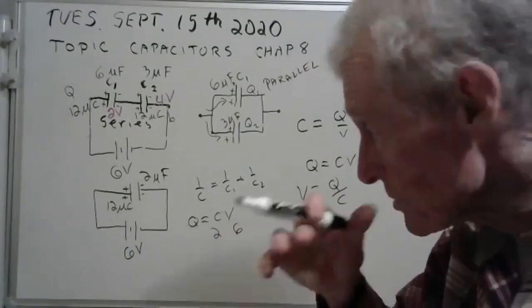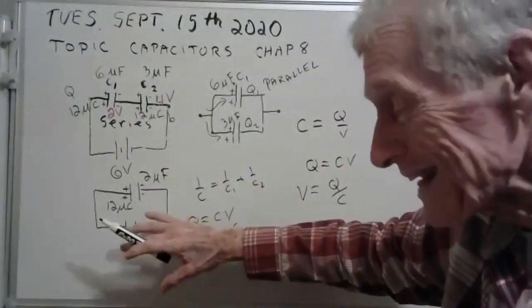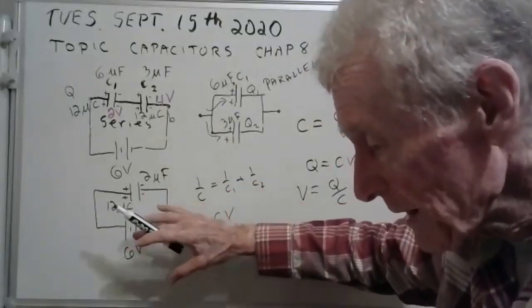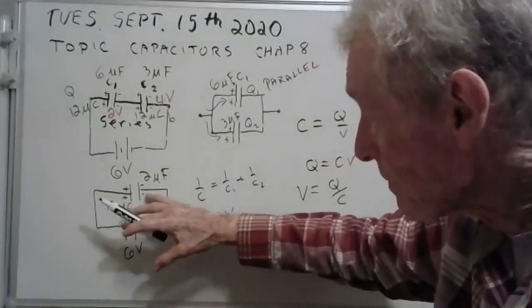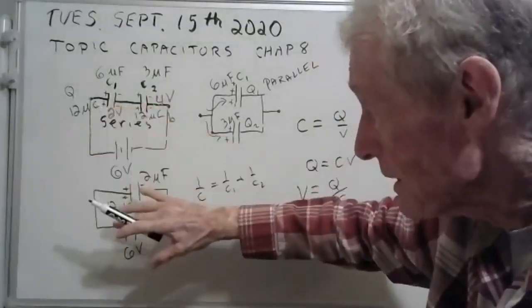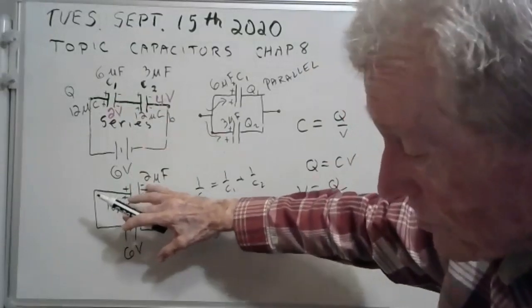Zach, the secret to doing these problems is to draw an equivalent circuit, to simplify and find an equivalent capacitance. You have to use those equations. We found that this here acts the same as a 2 microfarad capacitor. And you understood that, didn't you, Zach?